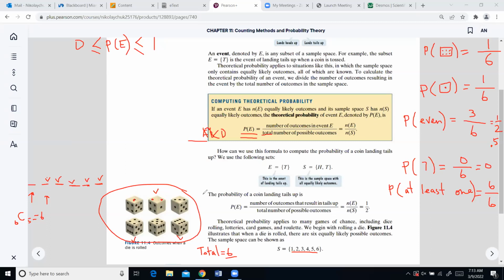It's at least 1, maybe more, 5, or all 6. So the probability of that will be the largest, equal to 1 or 100%.